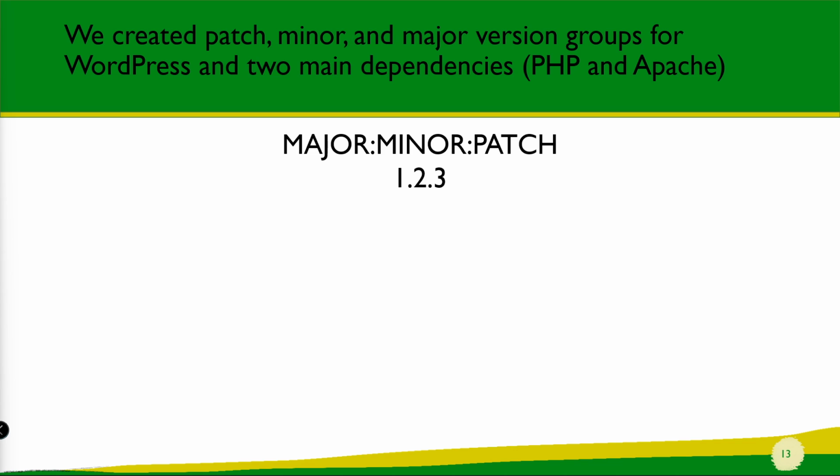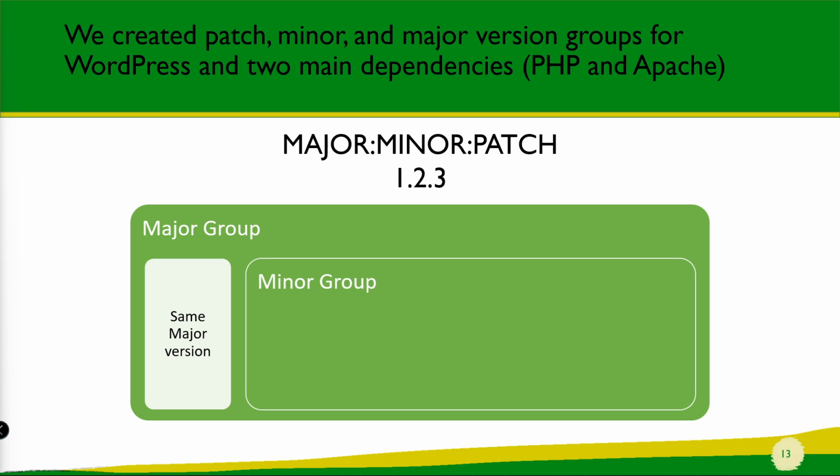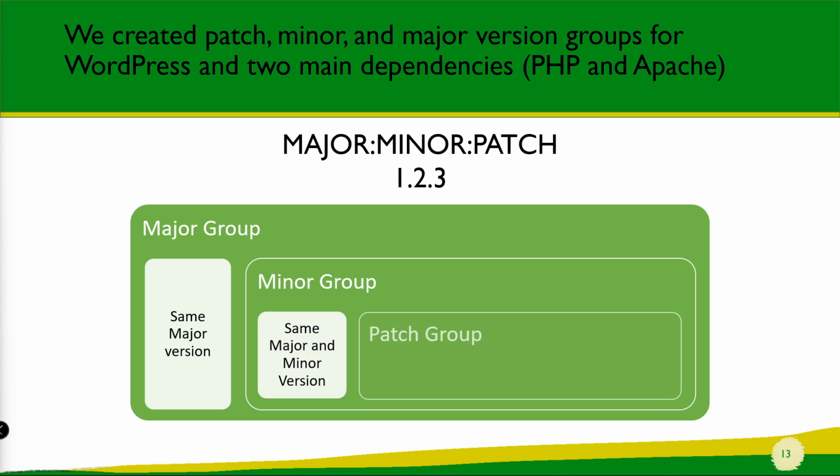After collecting the performance measurements, based on semantic versioning, we created patch, minor, and major version groups for WordPress and two main dependencies, PHP and Apache. When we say major group, we mean the application has the same major version. In the minor group, they have the same major and minor versions.